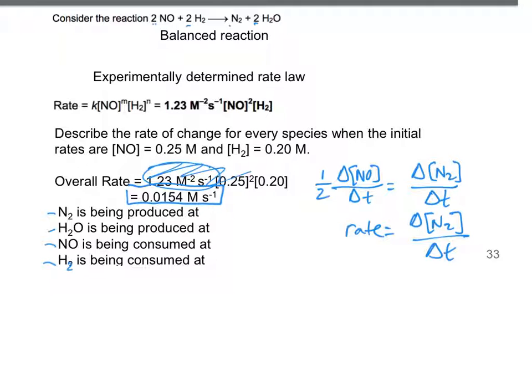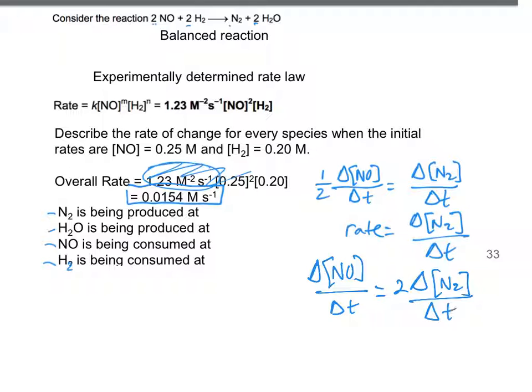I'm actually going to look at the rate that NO is being consumed. So we want to find the change in NO over the change in time. And that's equal to 2 times the change in N2 divided by the change in time. And we know this value is the 0.0154.